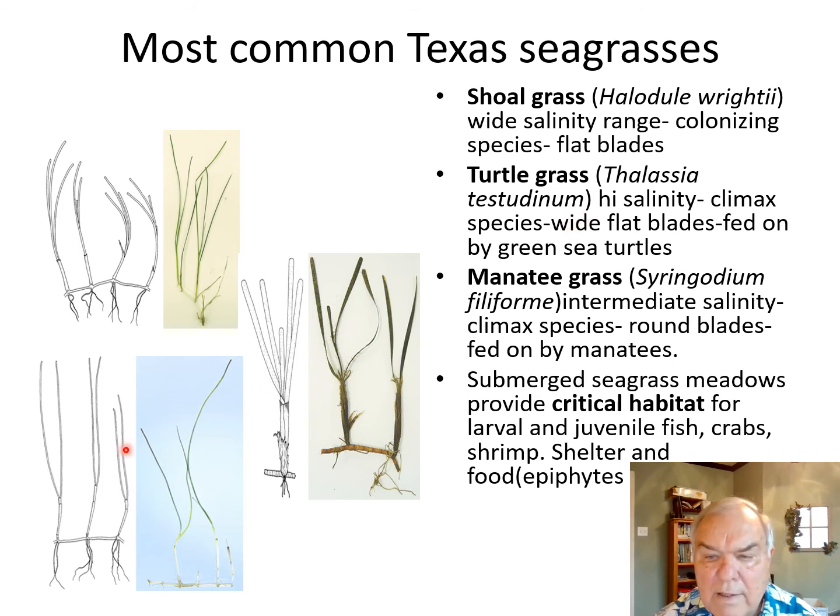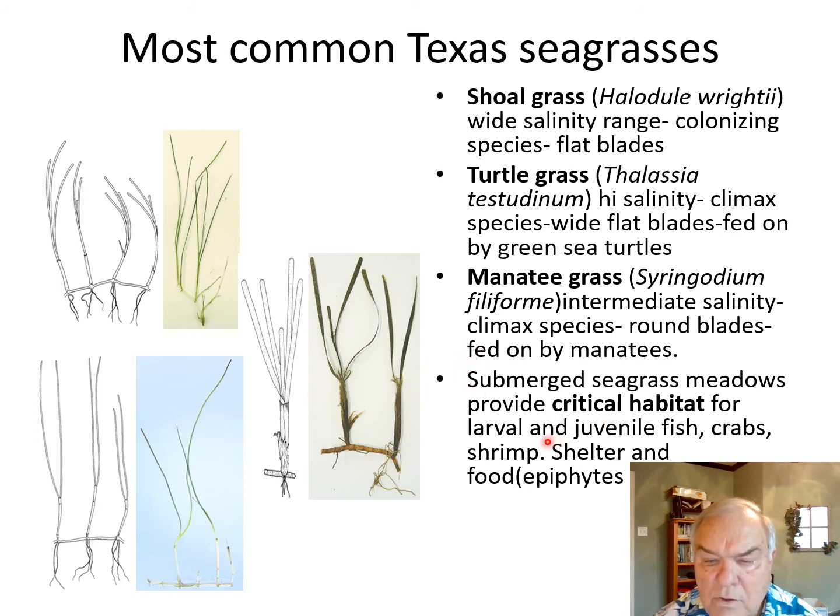And then there's manatee grass, which is kind of an intermediate salinity, climax meaning a final species that you get. It has round blades, fed on by manatees in Florida. We don't have manatees here in Texas unless they escaped from Florida, somehow got over here. I know we've had them here occasionally. We're not sure how they get here.